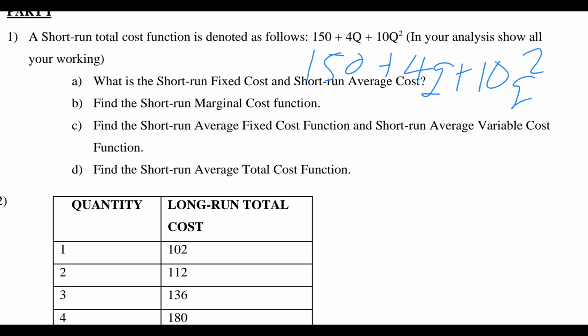How do you find the short run fixed cost? Given the function. Am I even logged out?